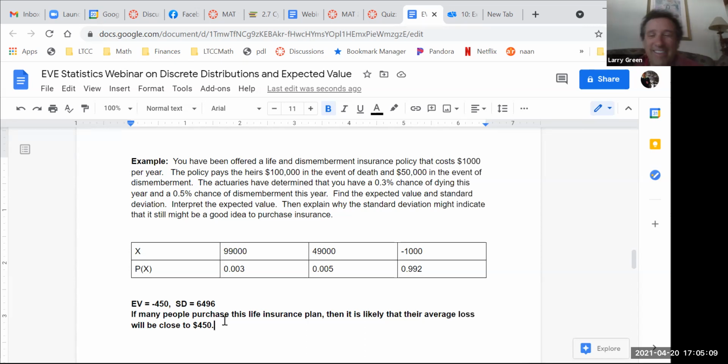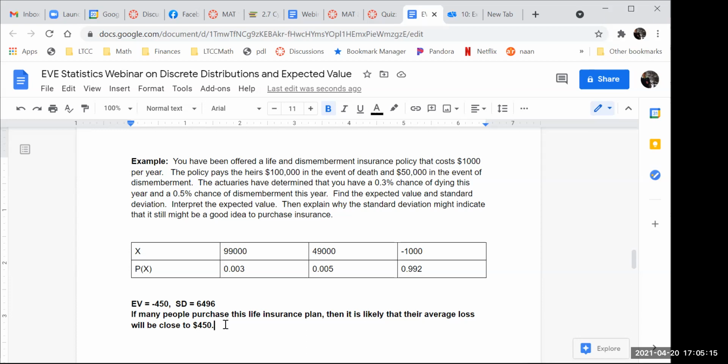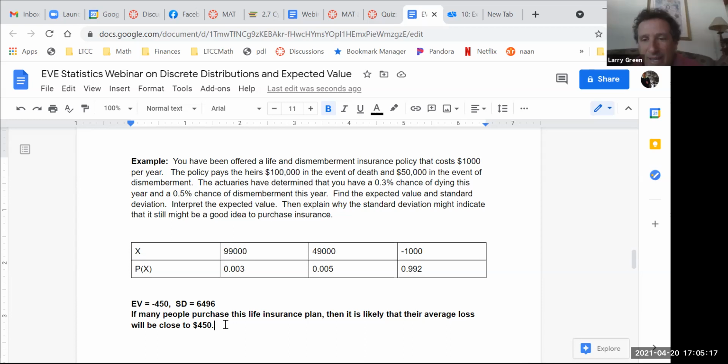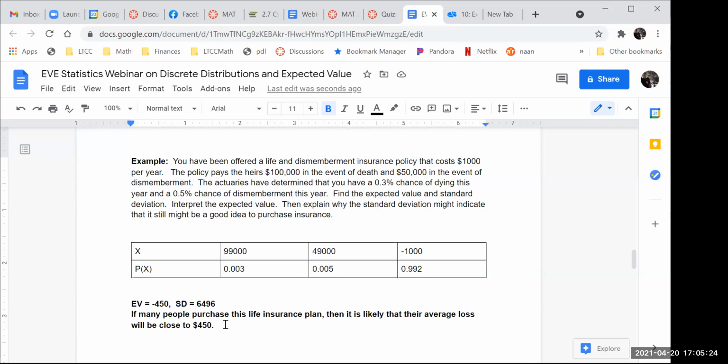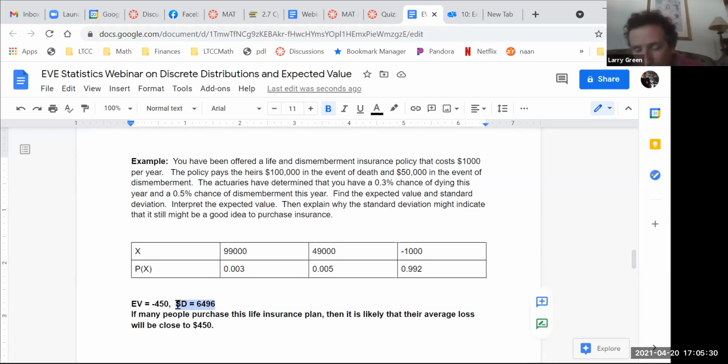So it sounds like you want the money, but you actually don't want the money. But you want to make sure that your little baby is not going to be messed up because now you're financially ruined and the baby has nothing. So this is one of those with the big standard deviation. Things could go up or down.